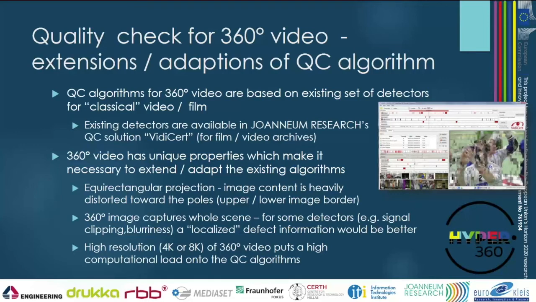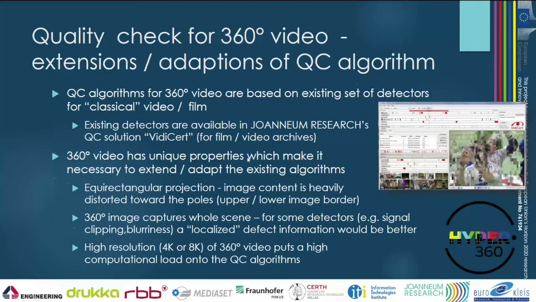The other thing is that a 360 image is capturing the whole scene, of course, and for some detectors like signal clipping or blurriness, more localized defect information would be better. The third thing is the high resolution, 4K or nowadays more often 8K, of 360 videos, which means that the QC algorithms have to process a lot of pixels, so there is a runtime issue.